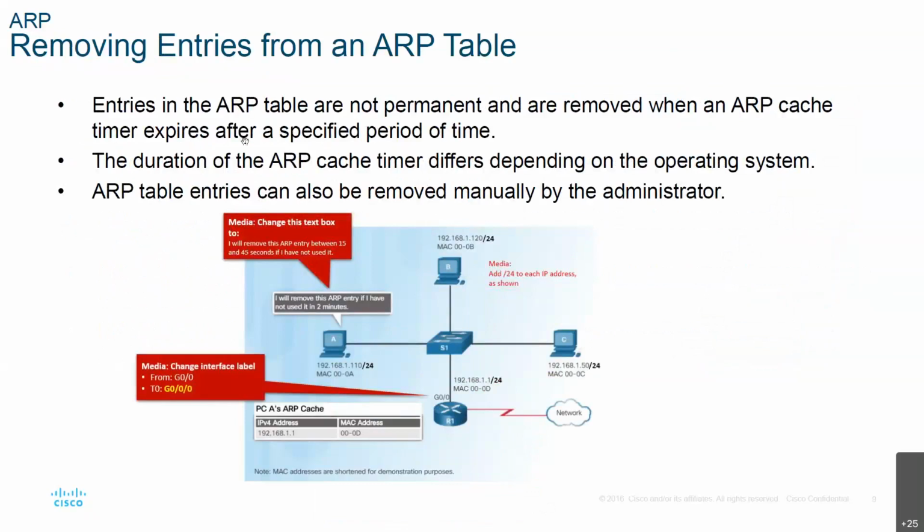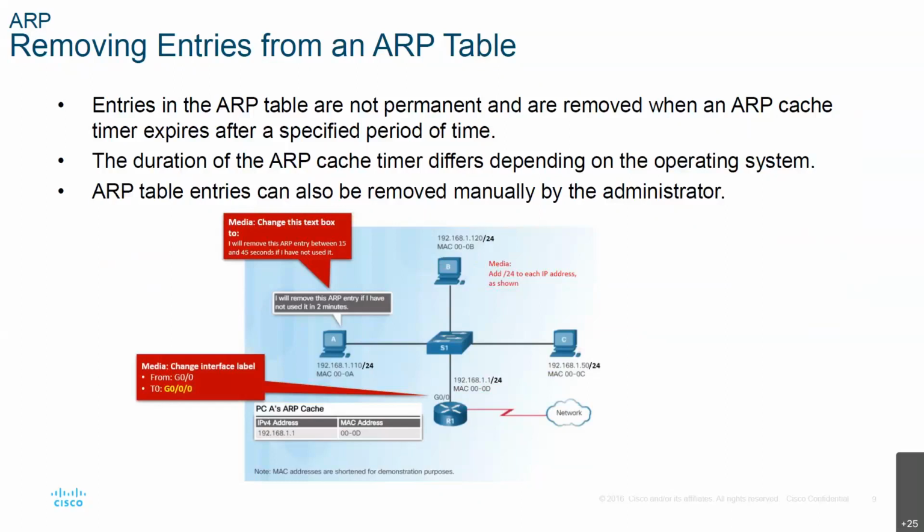Whatever entries you have in your ARP table, unfortunately, they're not permanent because the network is supposed to be scalable. You can add devices, remove devices. So the ARP cache expires after some time. This ARP cache timer differs depending on the operating system you're using.